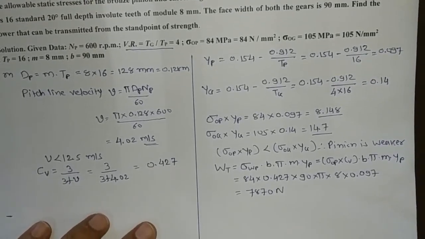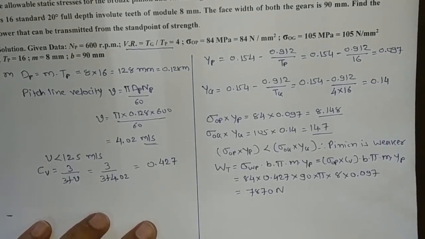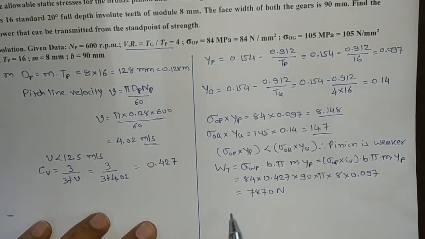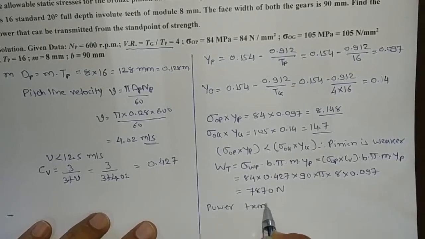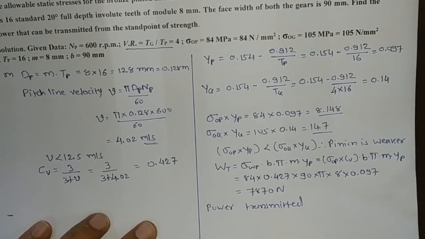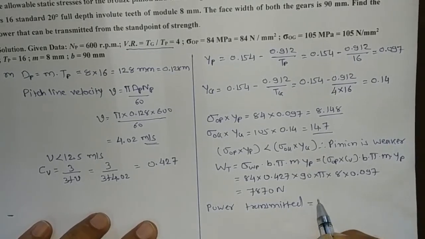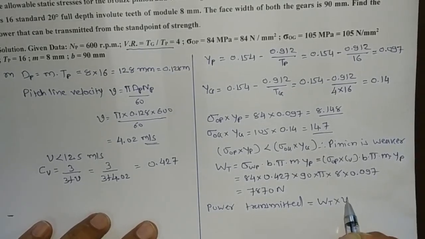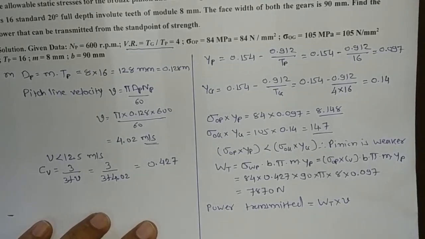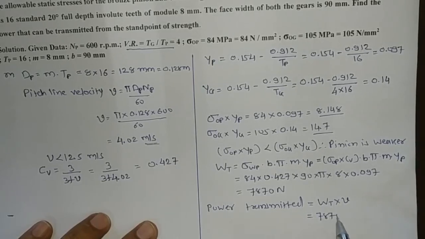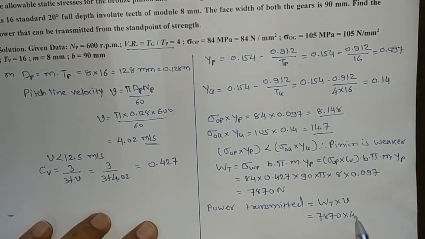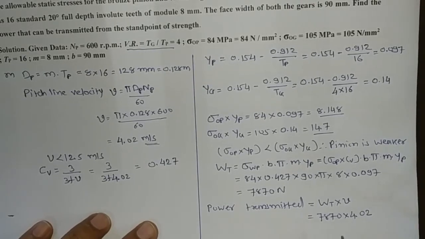Now the power that can be transmitted. You can find here the power transmitted, and the value of power transmitted is equal to load into pitch line velocity, so Wt into V. Now we know that Wt is equal to 7870 and pitch line velocity is 4.02.